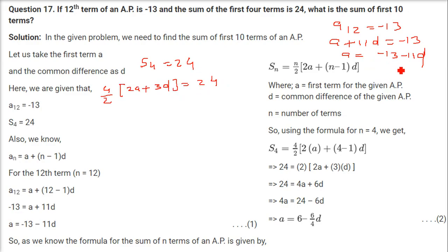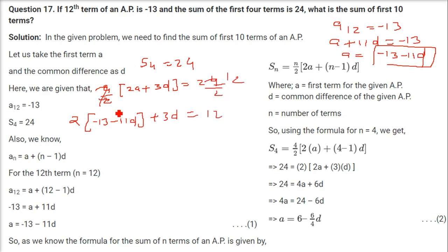Now we'll use A as minus 13 minus 11D here. Dividing by 2, it will be 12. So 2 into A, that is minus 13 minus 11D, plus 3D equal to 12. This is going to be minus 26 minus 22D plus 3D equal to 12.